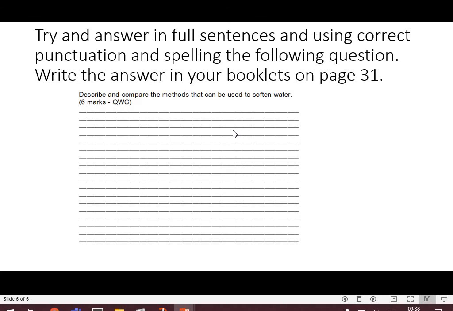So you can use the methods on the previous page: boiling, adding water softener, ion exchange column, and describe and compare which ones are good, the advantages, which ones are bad, the disadvantages to each one, and make a balanced argument really about which methods could be used to soften water and what are the good points and the bad points about each one. Make sure your punctuation and your spelling is good as well.